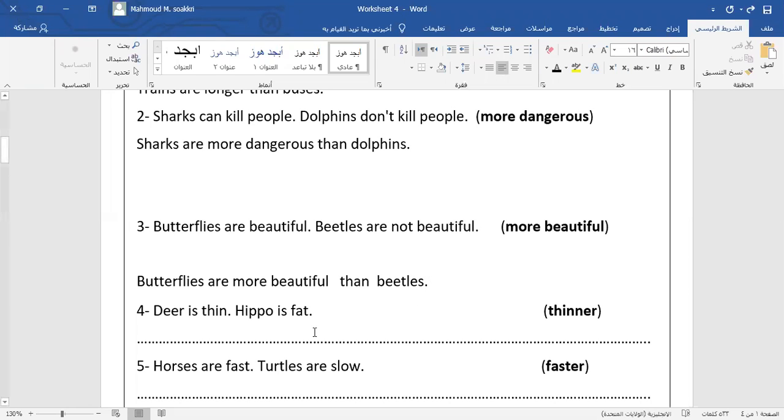Now, Ahmed Hilmi, the sentence says, deer is thin, hippo is fast. We want to use thinner. Deer. Excellent. Deer takes is or are?